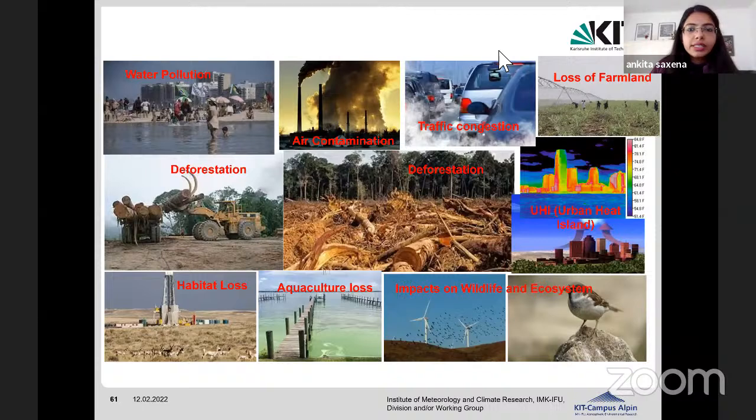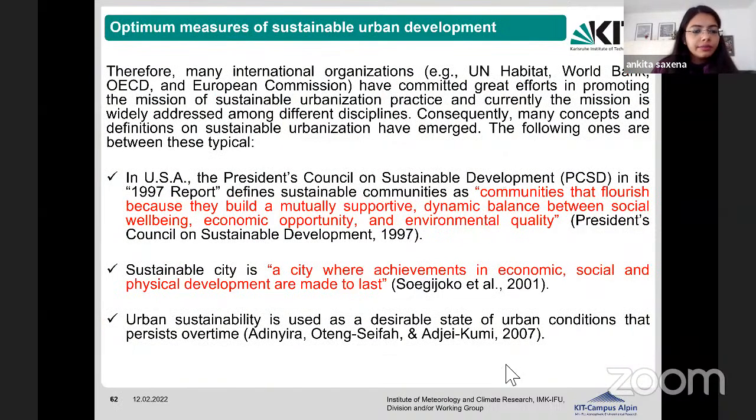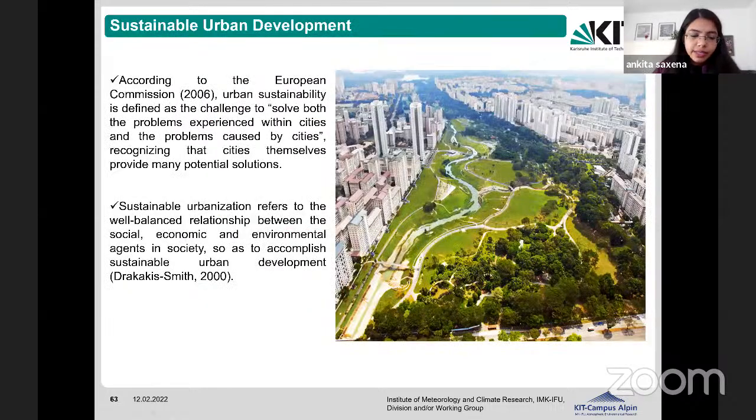And sustainable urban development. According to the European Commission, urban sustainability is defined as the challenge to solve both the problems experienced within cities and the problems caused by cities. So handling both together is difficult, but through modeling, we can take this as a challenge and include how human decisions, human choices will affect.